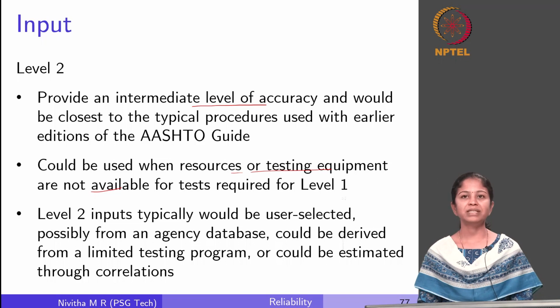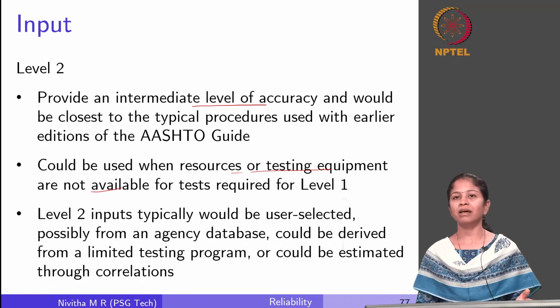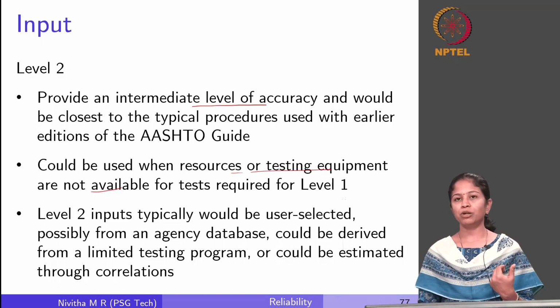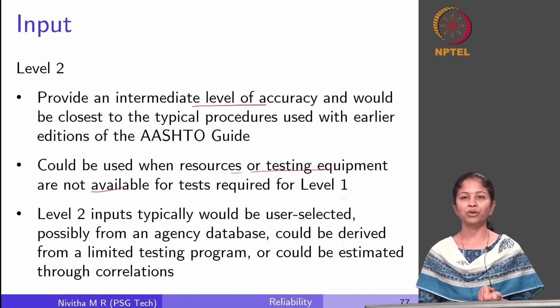So, that we always have to keep in mind, it is not as reliable as the level 1 measurement that we had done. Similarly, let us say for traffic, right, I am able to collect traffic volume data, which is relatively simple to do when compared to measurement of axle load spectrum.